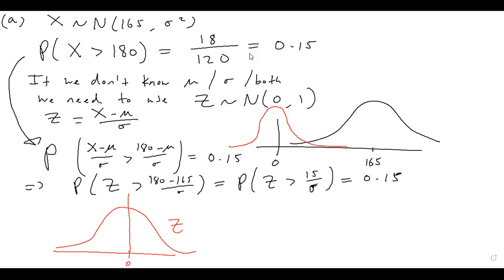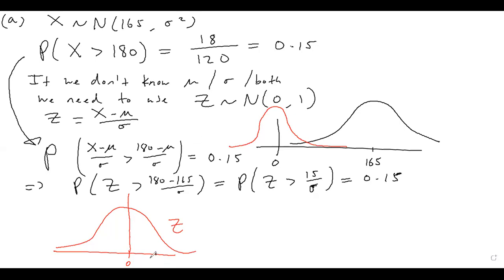So the probability that you pick a number bigger than 15/σ, that's going to be a positive number. Remember, σ is always positive. The standard deviation is always positive. You can't have a negative standard deviation. So we've got this positive number here. Let me write this again, because my handwriting's not looking very good.